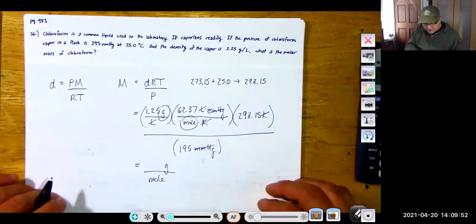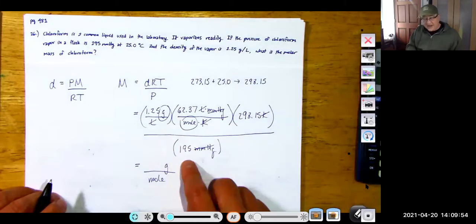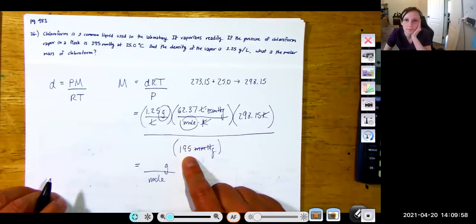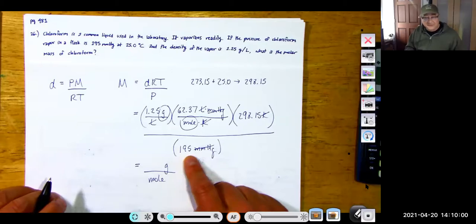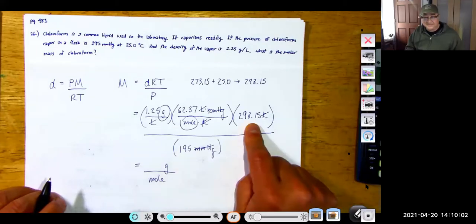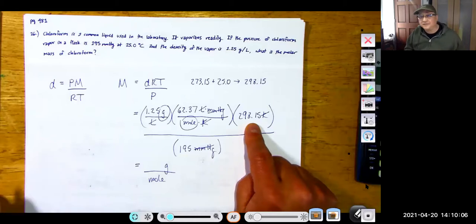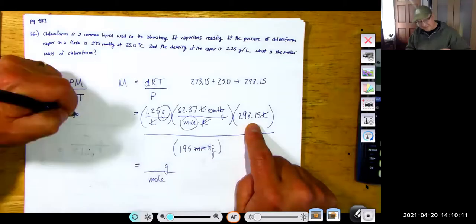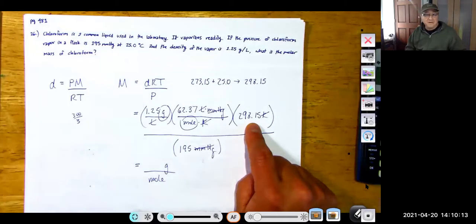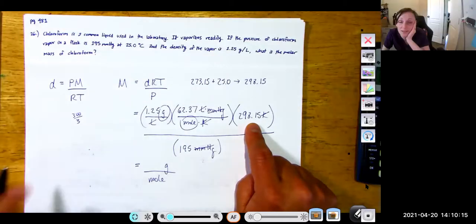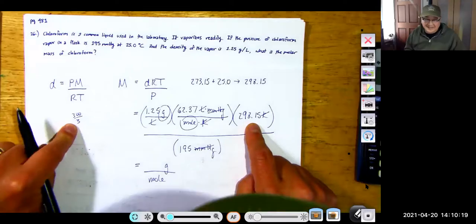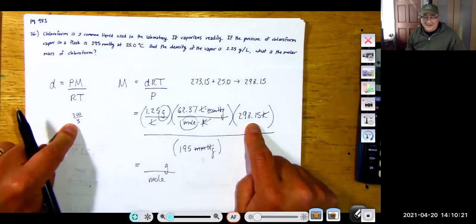Okay, so let's estimate the answer. How many times does 62.37 go into 195? 3 times. How many times does 3 go into 300? 300 divided by 3. Come on, 300 divided by 3 is 100, right?